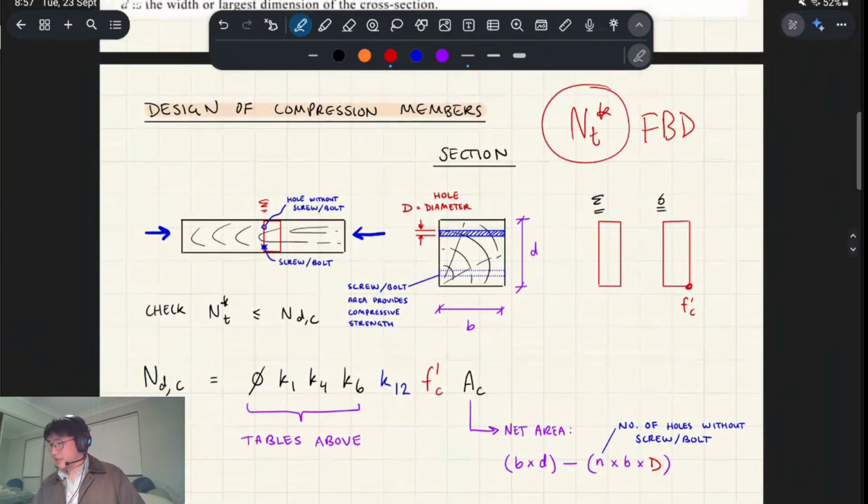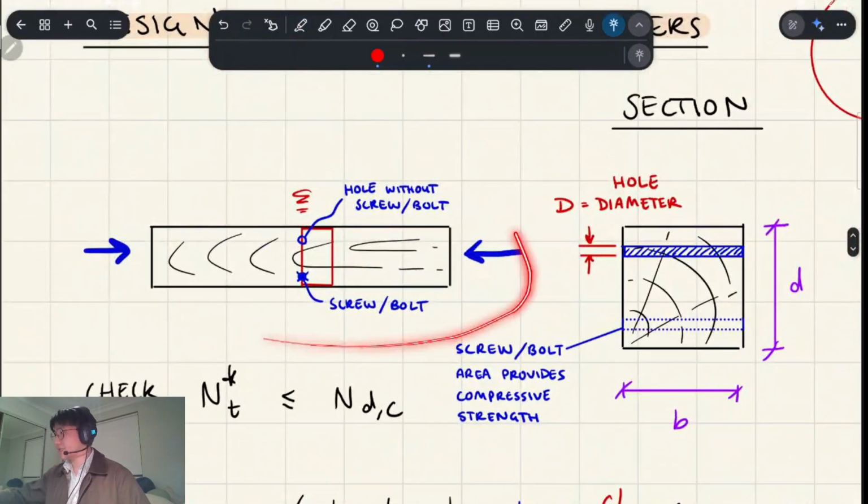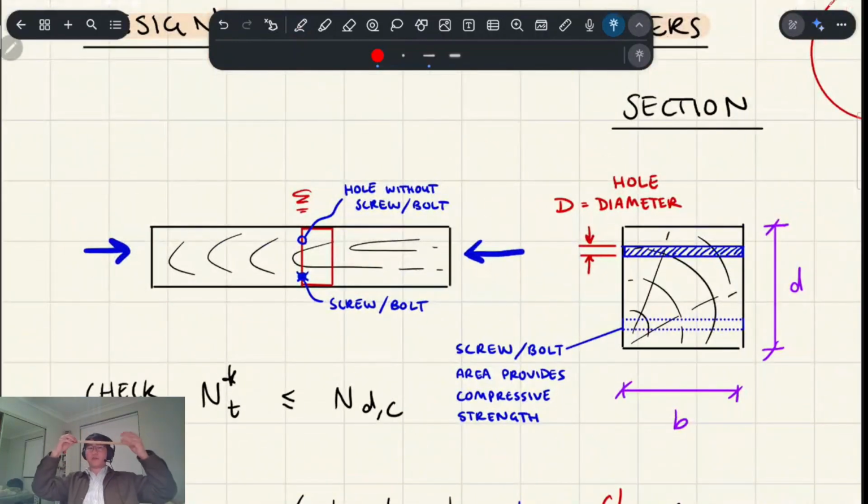So a similar idea for compression members. This is similar to what I had on the page up there, except now we're in compression. So instead of pulling this member apart, we're compressing it like this. Now, there are inconsistencies here, because this is different to how we consider it in the steel standards, but it makes a lot of sense in my opinion.